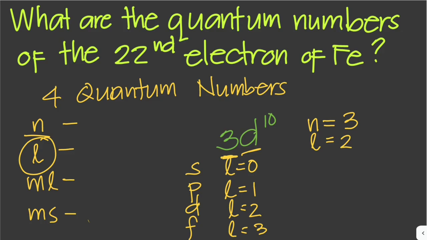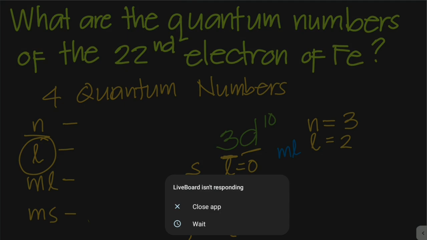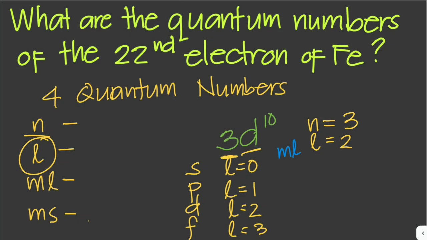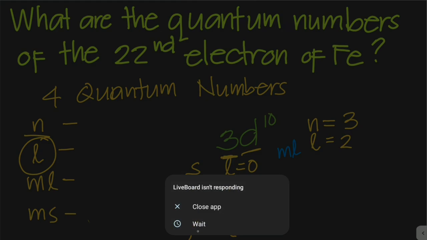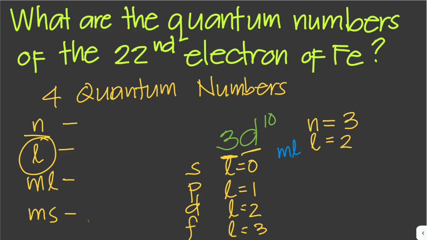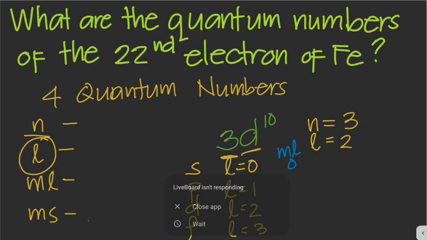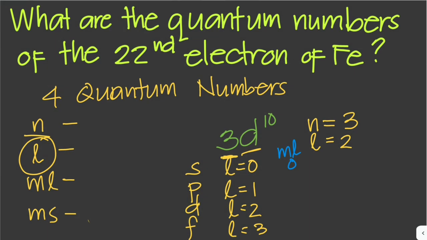And now for the magnetic quantum number, or the ML, this one depends on the SPDF orbitals. So for S with L equals 0, ML here is 0. And for P with L equals 1, ML could be -1, 0, and 1, because it has 3 orbitals.